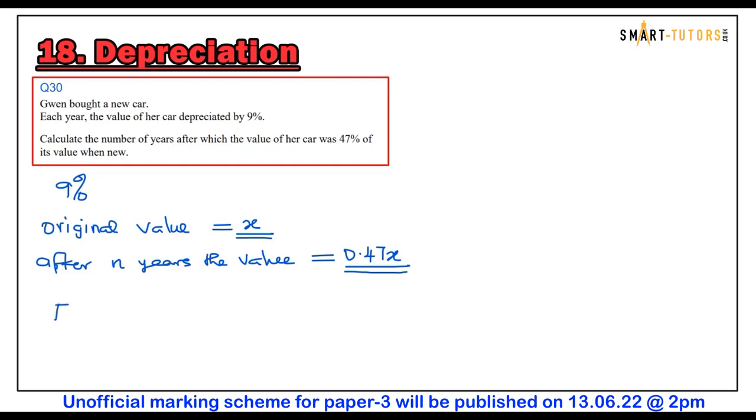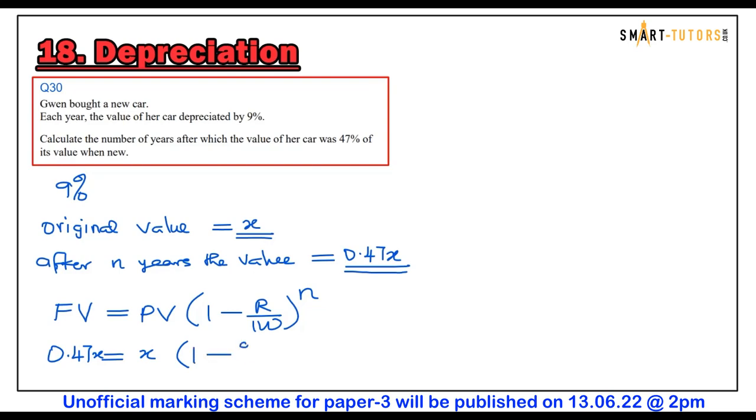There is a formula you need to remember. Final value is equal to purchase value times 1 minus rate over 100, to the power n. So final value is 0.47x equals x times 1 minus depreciation percentage 9 over 100, to the power n.